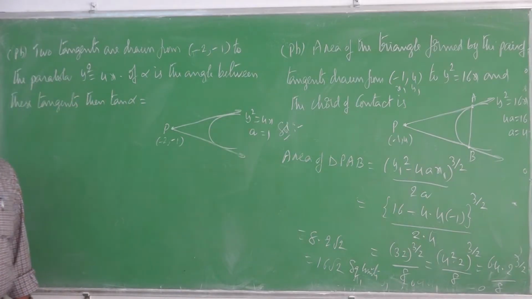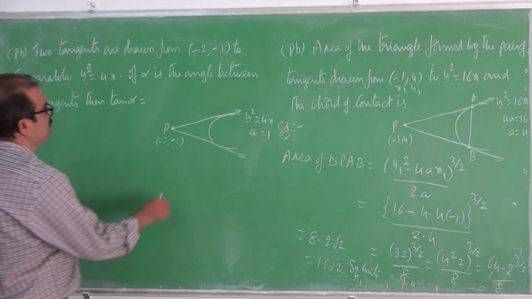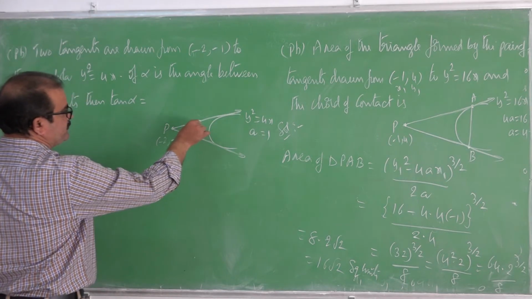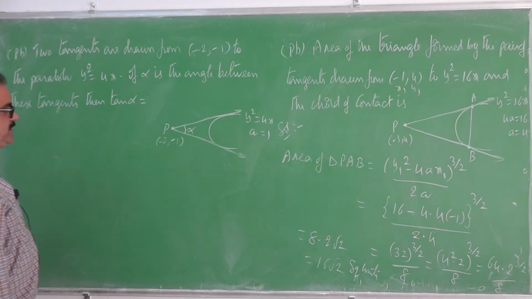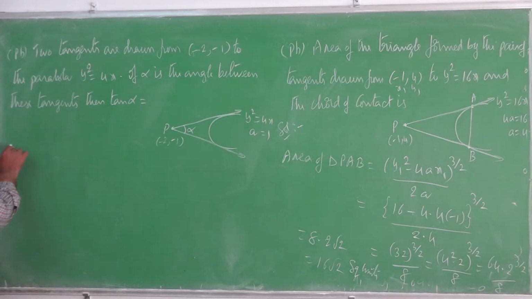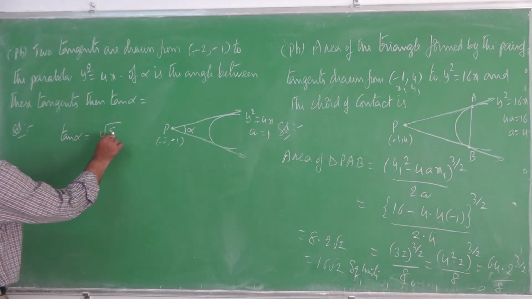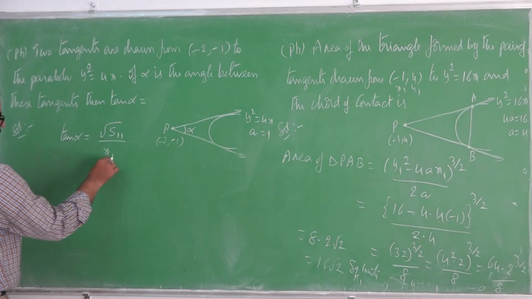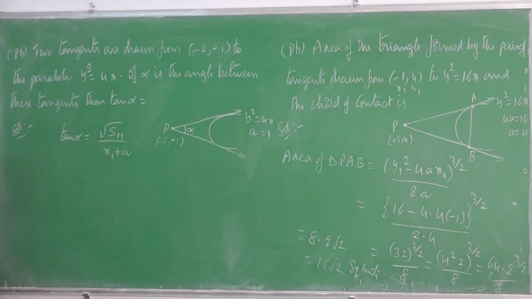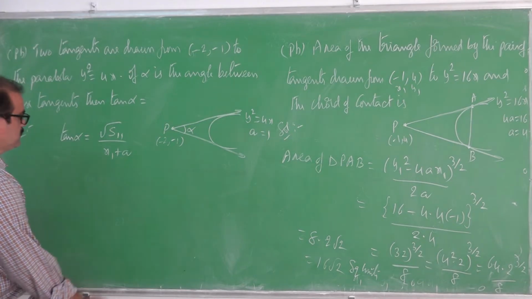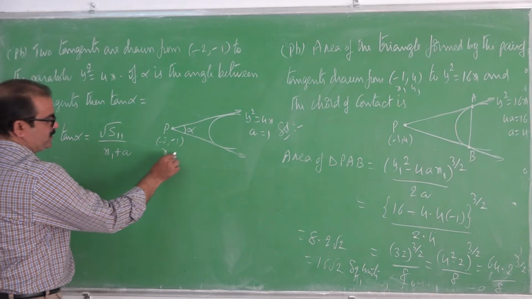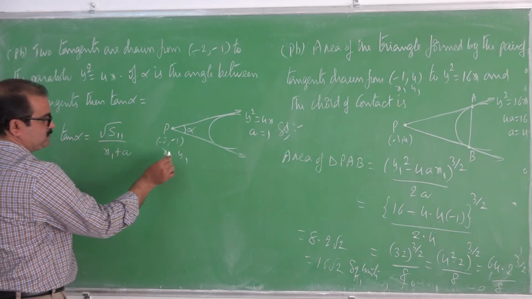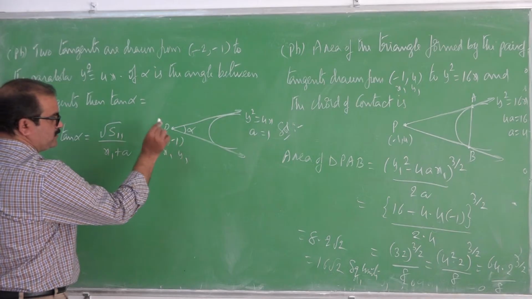If alpha is the angle between these two tangents, then tan alpha is equal to, we already discussed the formula to find tan theta: root of s11 by x1 plus a. What is x1, y1 here? x1 is -2, y1 is -1.